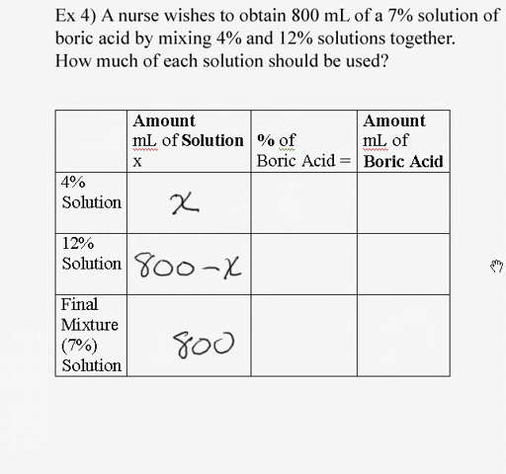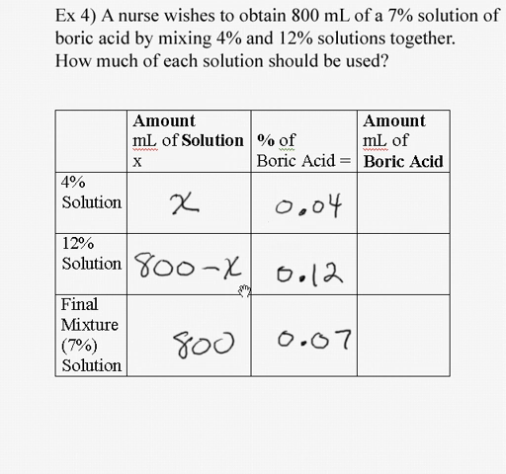The no-brainer part is, what percent of boric acid does the 4% solution have? Well, 4%, which we write as a decimal is 0.04. Remember, percent means out of 100. So 4 hundredths. The 12% is 0.12. The 7% is 0.07.